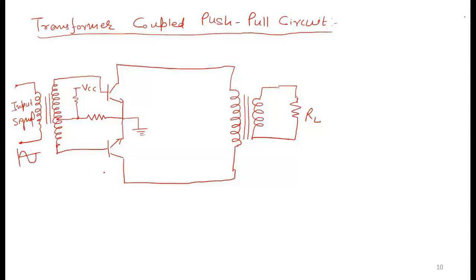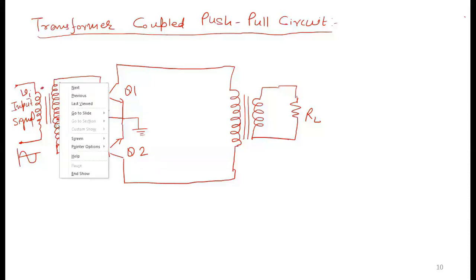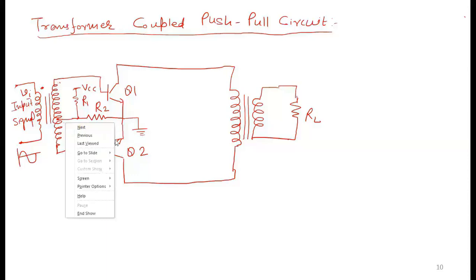This is the transistor Q1, this is the Q2, this is the VCC, R1, R2, the input voltage. And this is the biasing network.